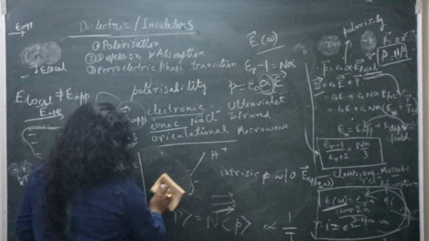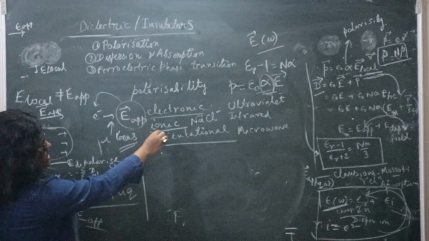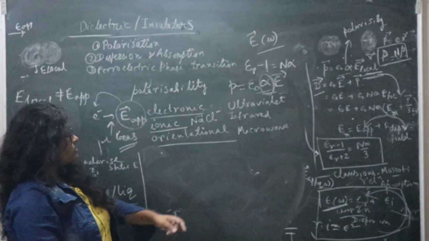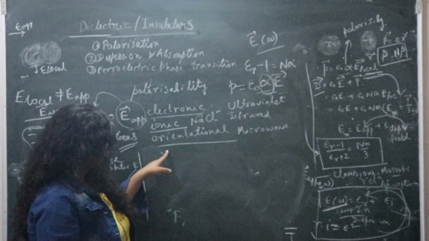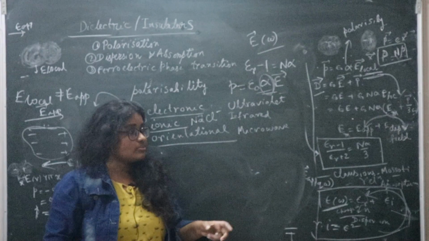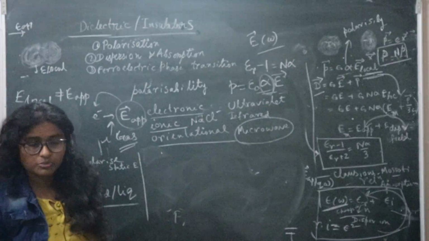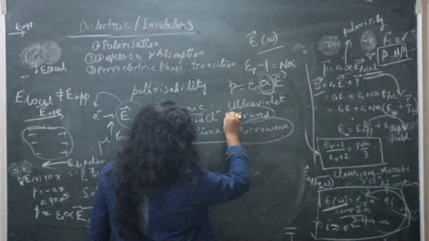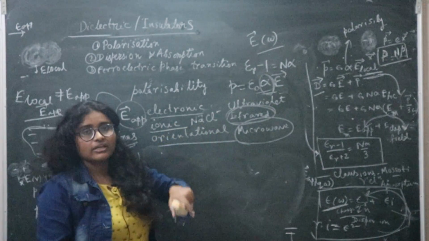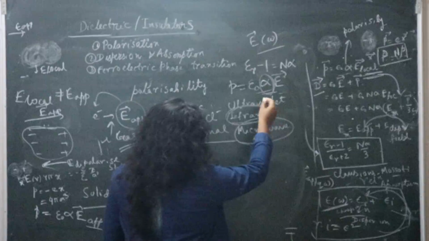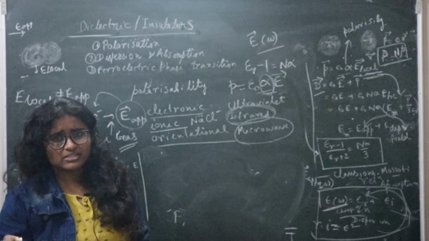Now I have written here that electronic polarizability contributes in the ultraviolet, ionic polarizability in the infrared, and orientational polarizability in the microwave. This means at microwave frequency the orientational polarizability comes into play. At infrared frequency the ionic polarizability comes into play. It does not come into play when the frequency is higher, because the ions are much more massive than electrons.